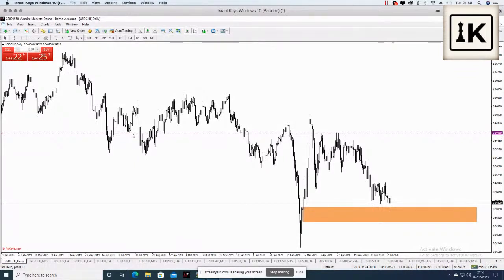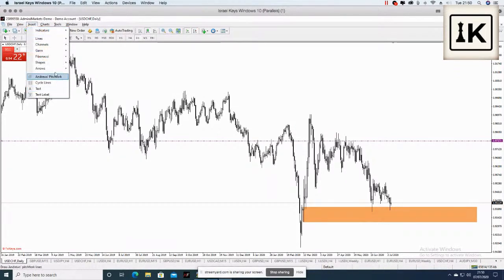One second. This one here. I want you to see what happens at this level across this chart.